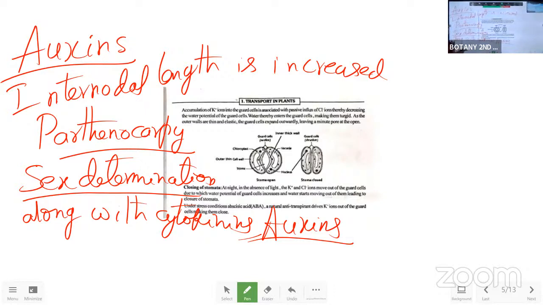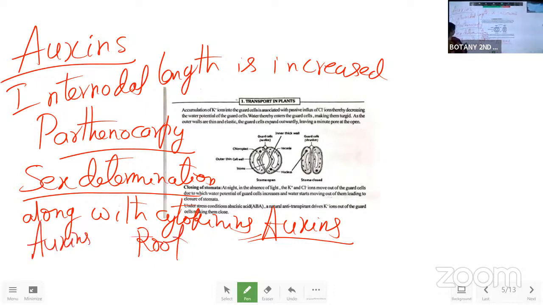In horticulture, we go with tissue culture for the development of new plants, so that they can be easily grown from the meristematic tissues only. No need for a seed to be developed into a new plant. Okay. So in that case, auxins should be more and the cytokinins less. Then it will promote root formation.